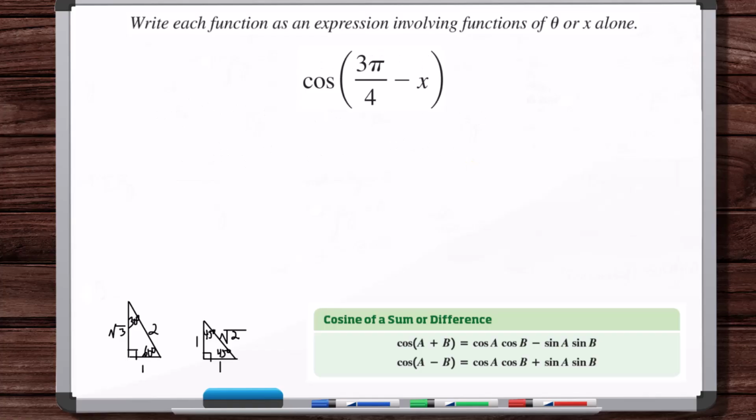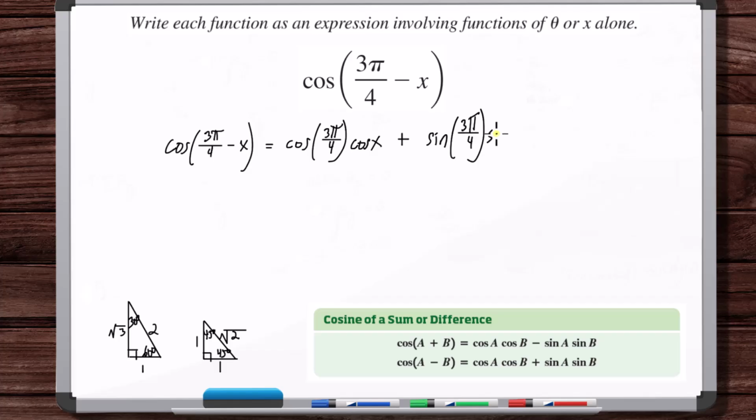All right, and now another cosine. So this should be the last cosine, but we've got, so okay, 3 pi over 4. Well, let's expand this out, actually. So the difference formula for cosine, that's going to be cosine 3 pi over 4 cosine x plus sine 3 pi over 4 sine x.